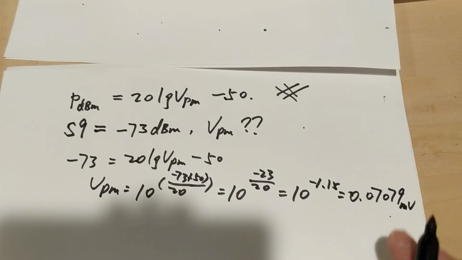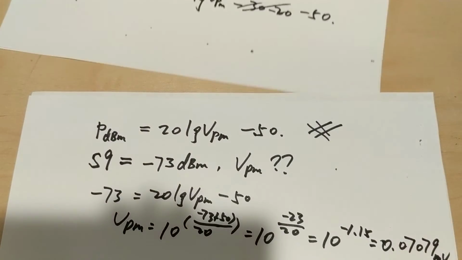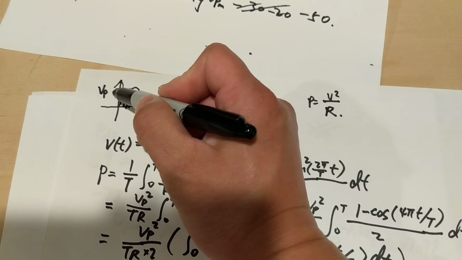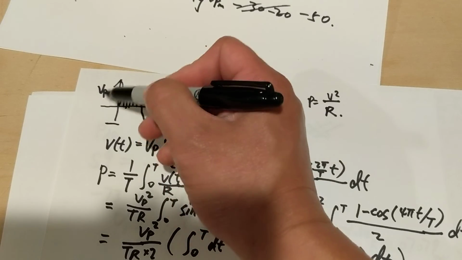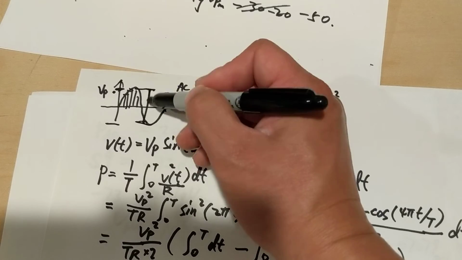Also, my signal generator does not use this peak value. It uses the peak to peak, so it's double the peak value, from here all the way to here.